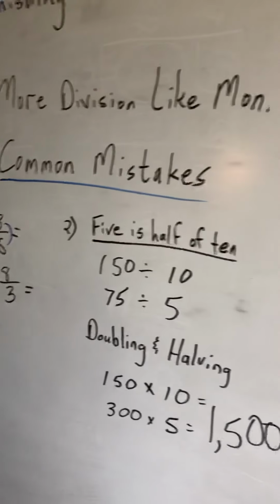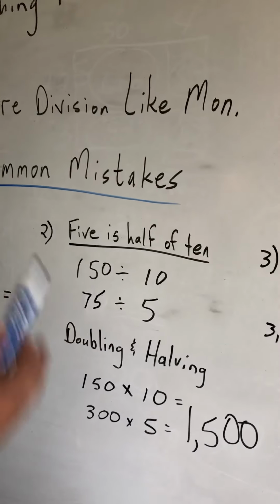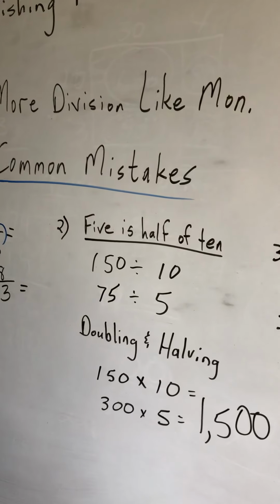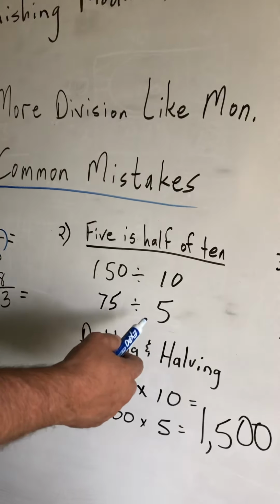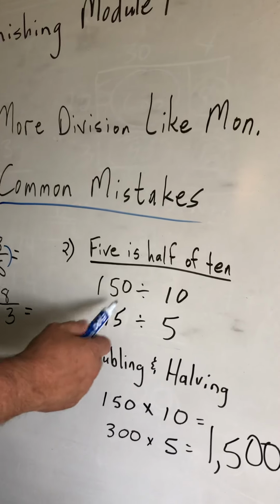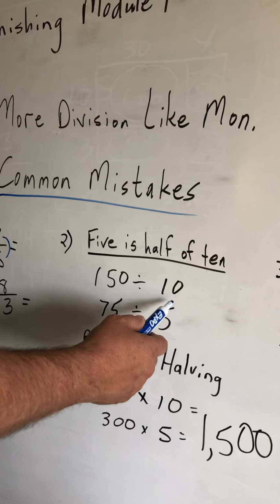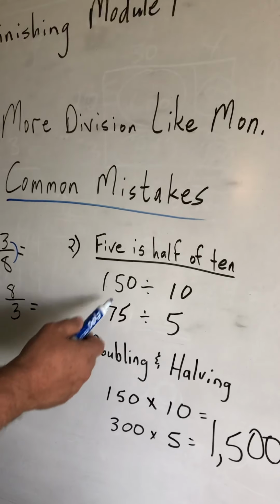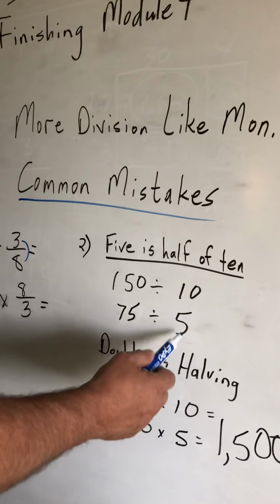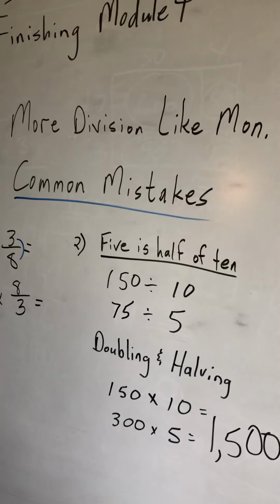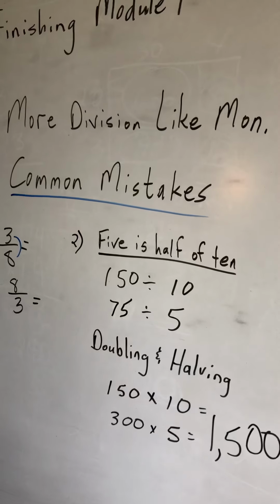And then 5 is half of 10. In a word problem, they're giving you mistakes kids make. Just remember, 5 is half of 10. 150 divided by 10 is 15. And if you take half of 150 and half of 10, 75 divided by 5 is also 15, okay?